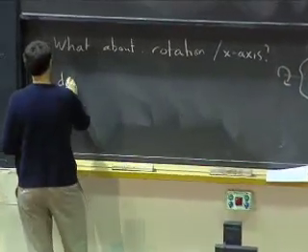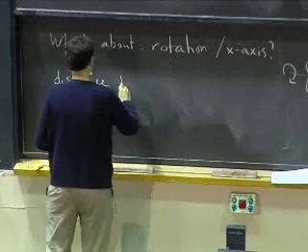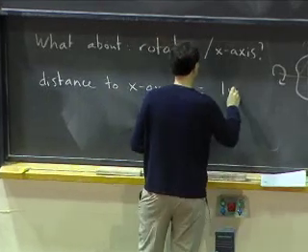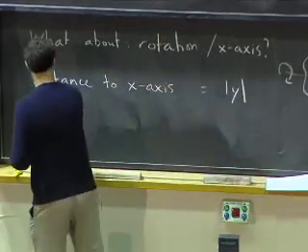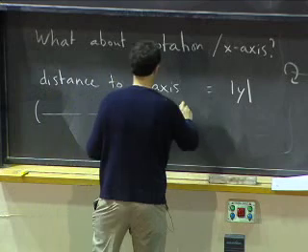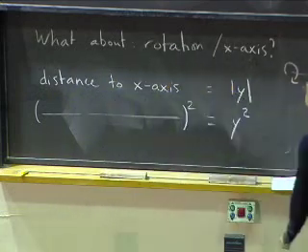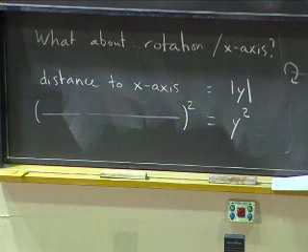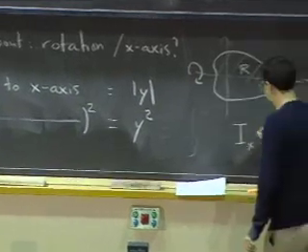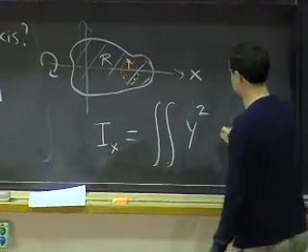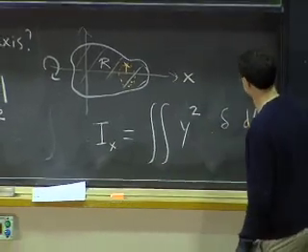So distance to the x-axis is absolute value of y, and what we actually care about is the square of the distance. So that will just be y squared. So the moment of inertia about the x-axis is going to be obtained by integrating y squared times the mass element.